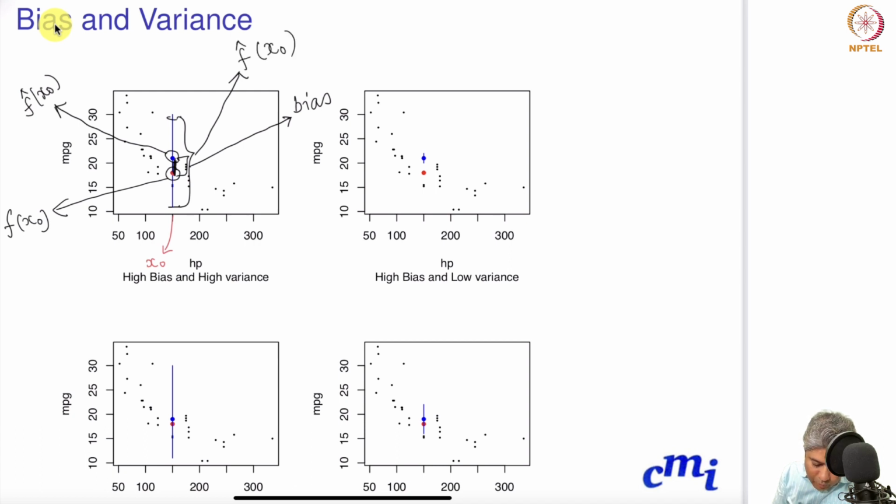Sorry, this blue line, previously I said red line.